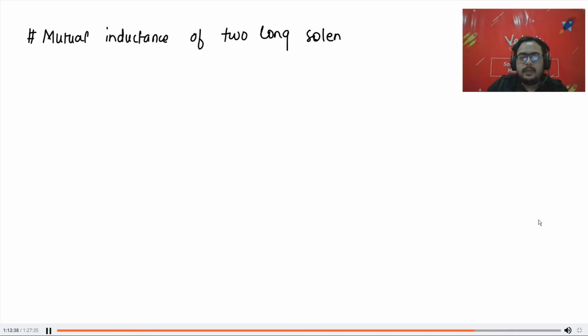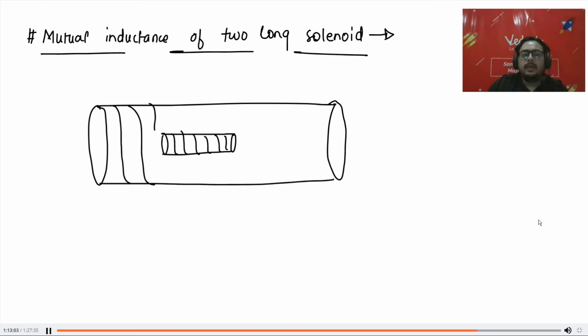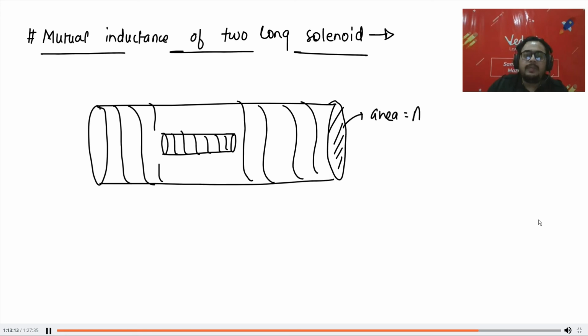Let's say you have a big solenoid like this, and inside it you have placed a very small solenoid like this. There will be turns in the outer solenoid also. Now the area of cross section of the outer solenoid, let me say, is A1. The area of cross section of the inner solenoid, let me say, is A2.